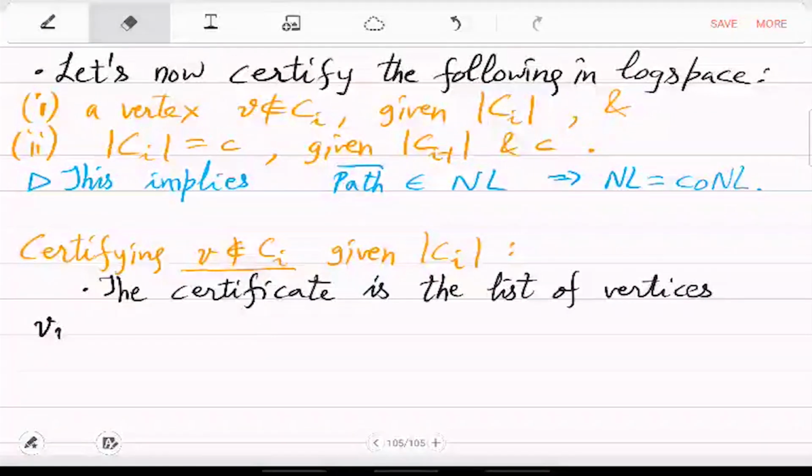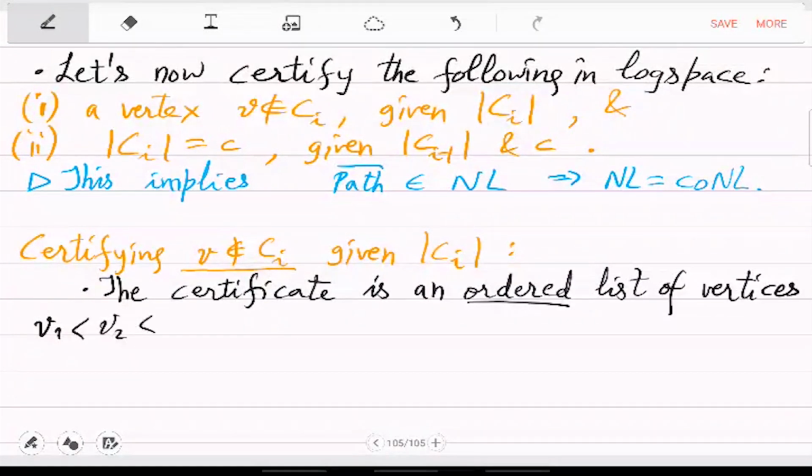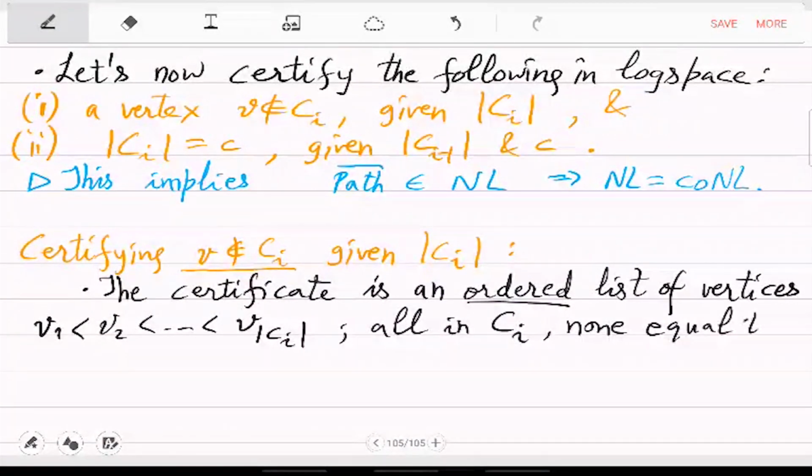V1, so ordered, let's say, the certificate is an ordered list of vertices V1 less than V2 dot dot V size of Ci, such that all of them are in Ci and none equal to V. Right, so this is clearly a certificate for V not in Ci.